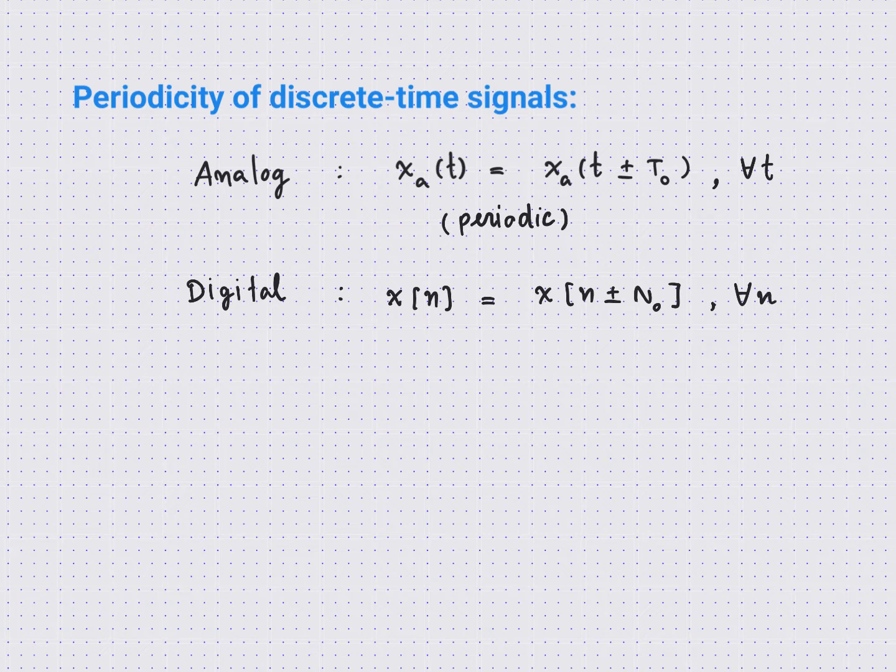The first one is periodic with period T naught. The second one we call periodic with period n naught. That means every n naught samples, the signal is going to repeat itself.